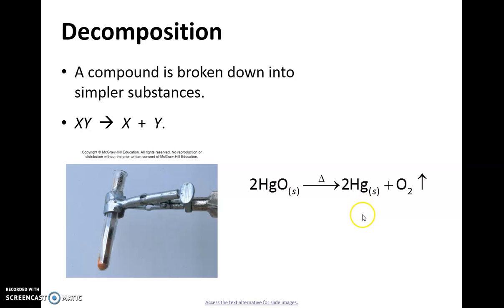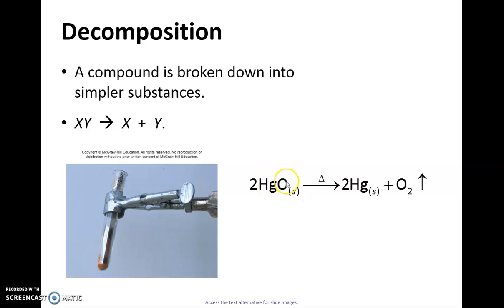A decomposition reaction is the opposite. It's a compound broken down into simpler substances. So we have a compound, and that compound, due to heat or some other input of energy, produces the products that make it up. So XY splits up into X plus Y. The example I use here is mercury oxide.